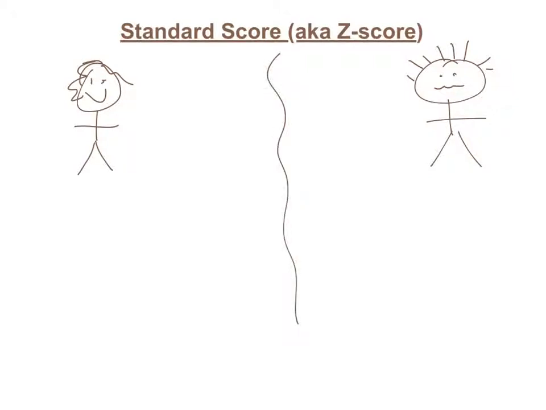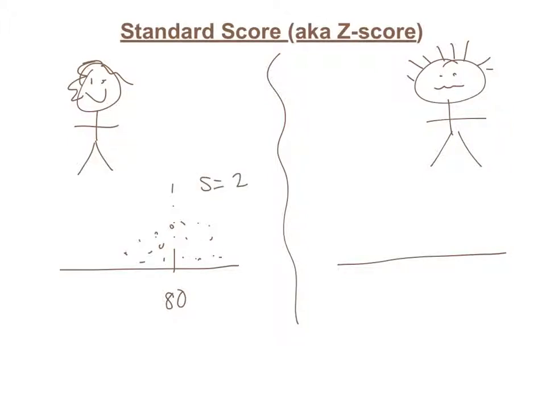And what we find is teacher A's students had a mean of 80, and they're all kind of grouped pretty tightly around 80. And a standard deviation of 2.